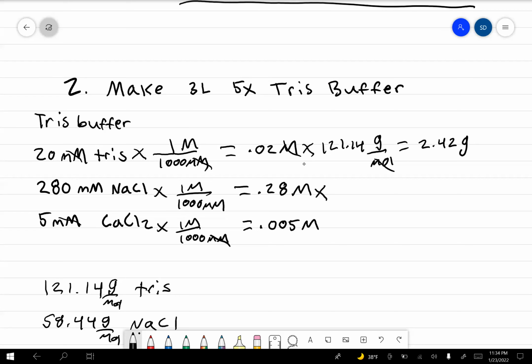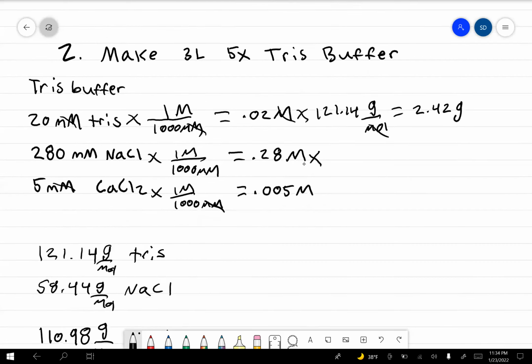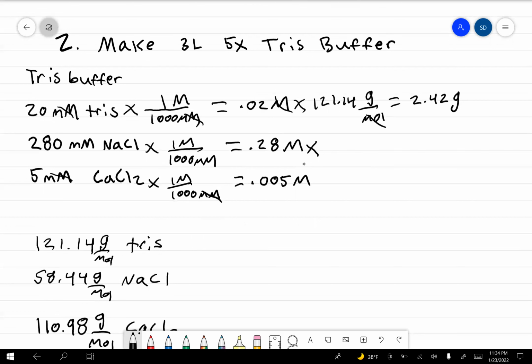Do this with the NaCl, which has a molecular weight of 58.44. Moles cancel out. Get 0.28, which gives us 16.36.